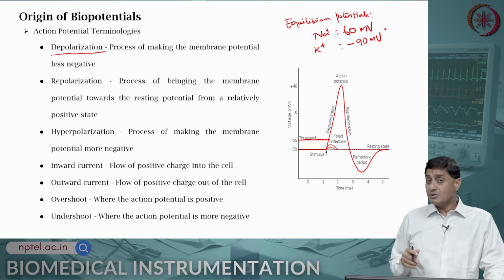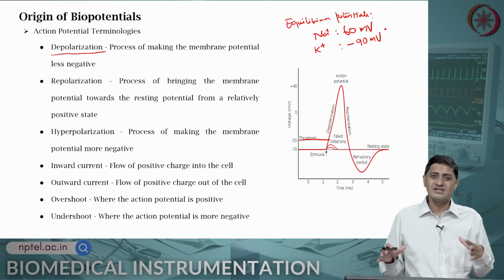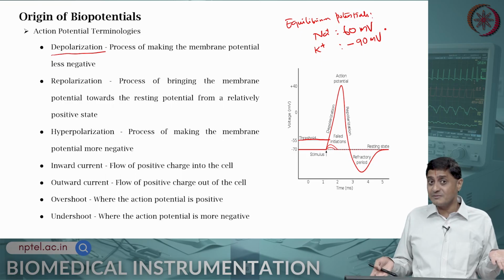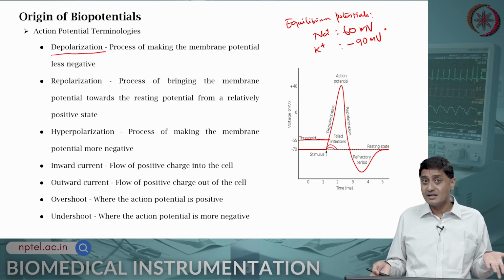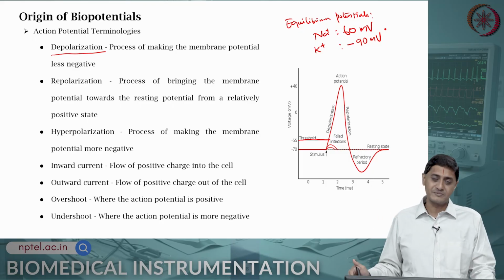Because at plus 60 millivolts, sodium does not have to move anywhere, everyone is aiming to be at rest. Otherwise, as long as the potential difference is there, there has to be a change in concentration, there has to be a movement that has to happen.